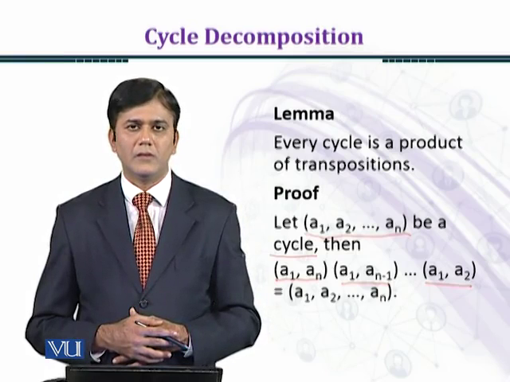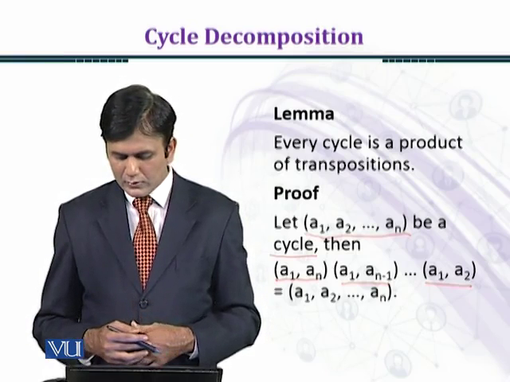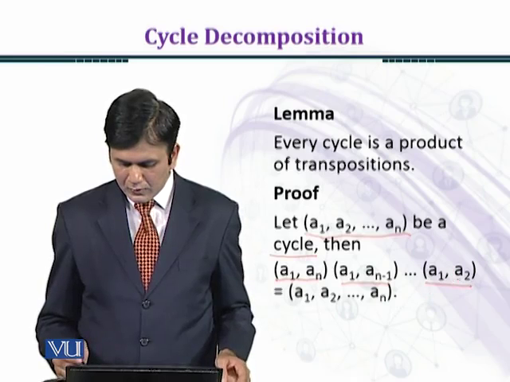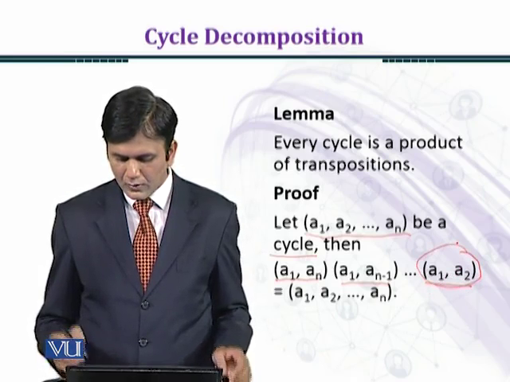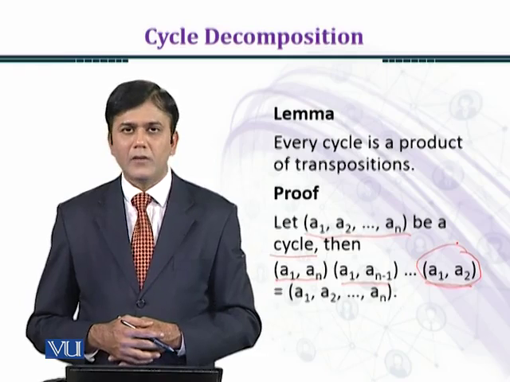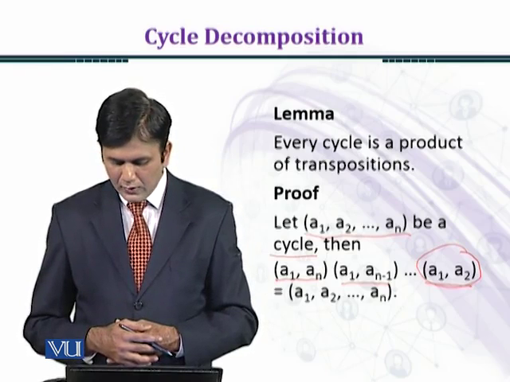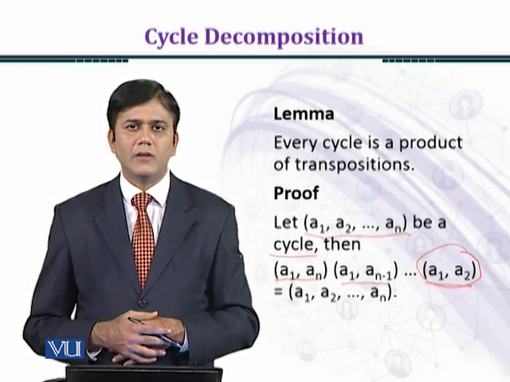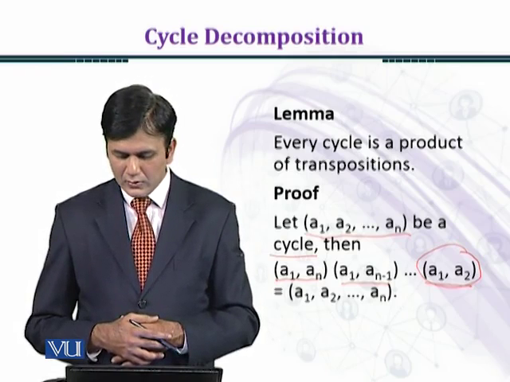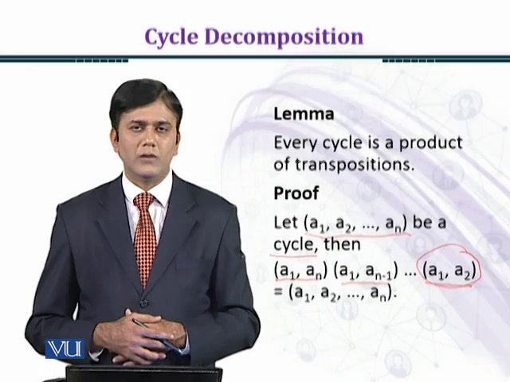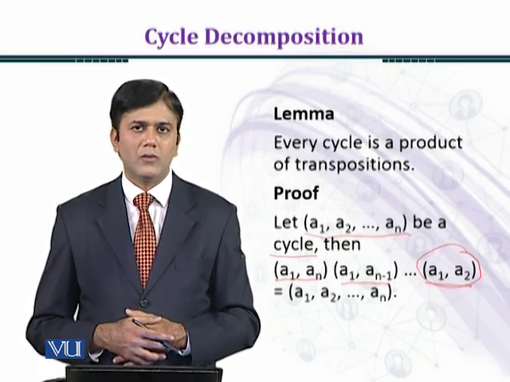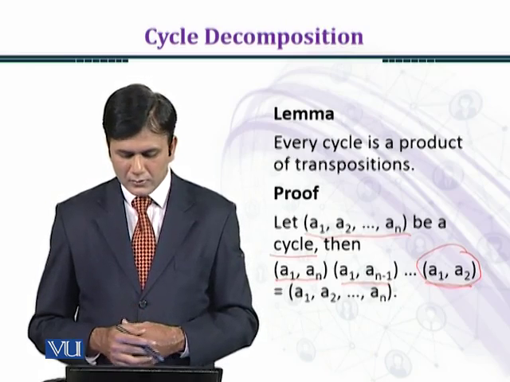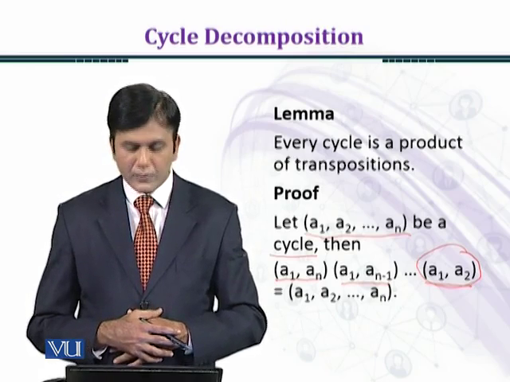To see this, we have to act the permutation, the last transposition A1, A2, and you can see that A1 goes to A2, and in the second last where we have A1, A3, you can see that A2 is fixed, and similarly in A1 and so on A1, An, the A2 is fixed.